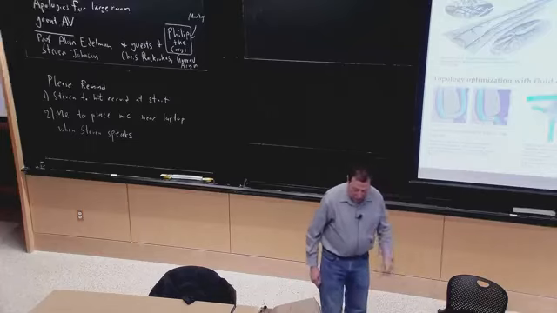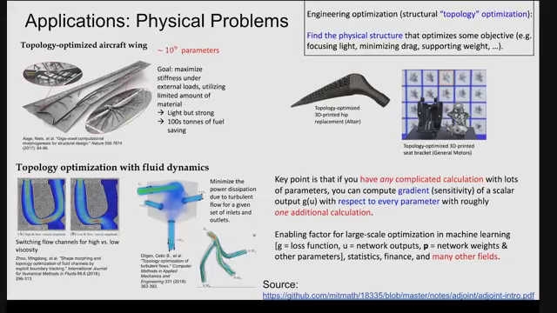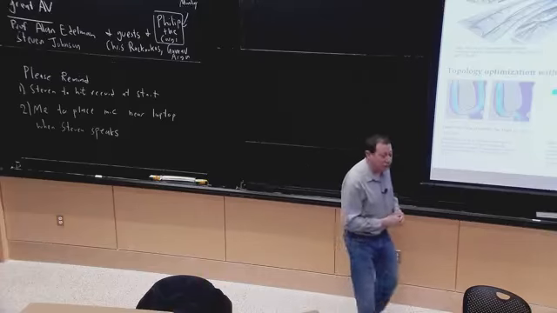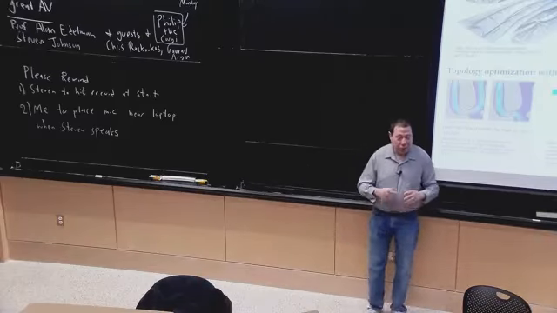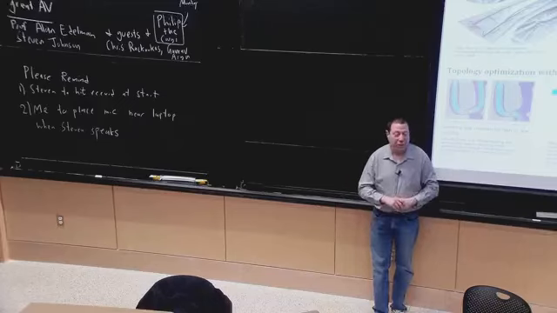The part that interests some of us is the applications to physical problems, as well as machine learning and statistics. For example, in the upper left here, you have this so-called topology optimized aircraft wing. In the old days, when people engineered an airplane wing, they would just pick a design, and then figure out the aerodynamics.